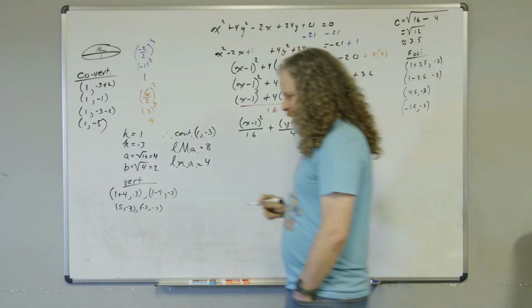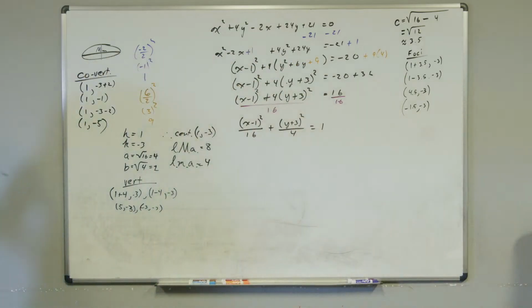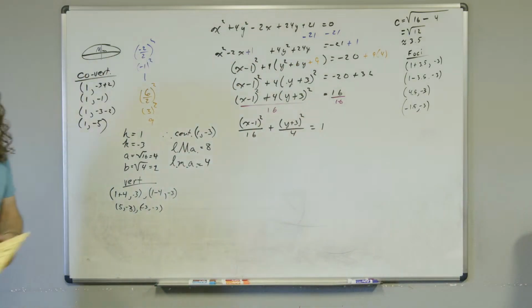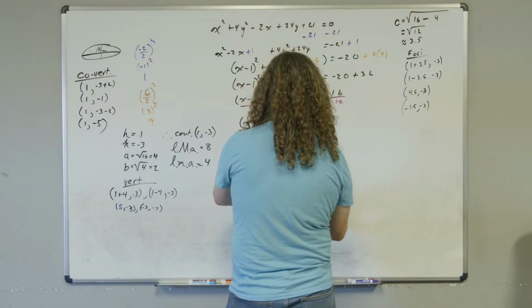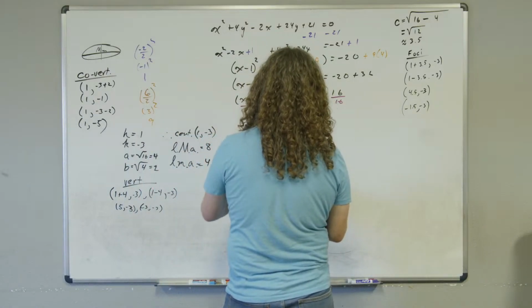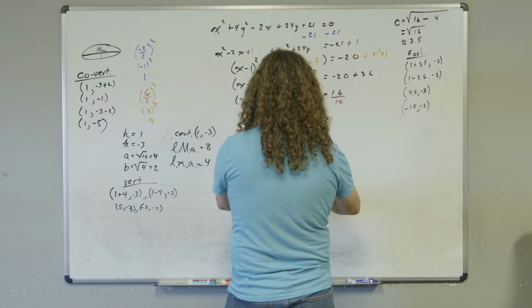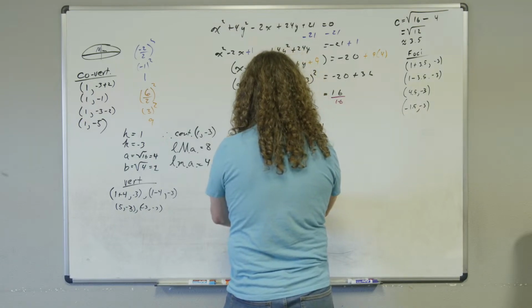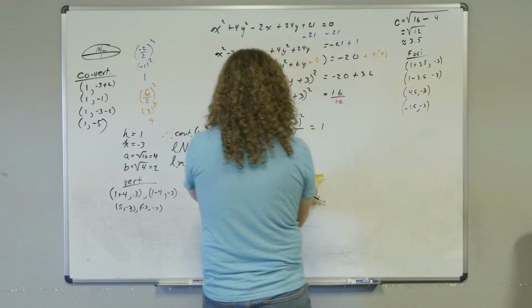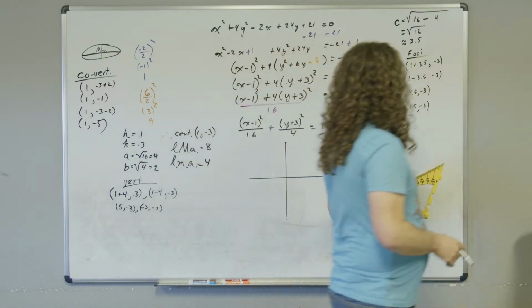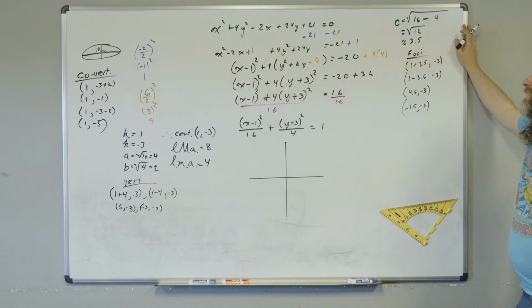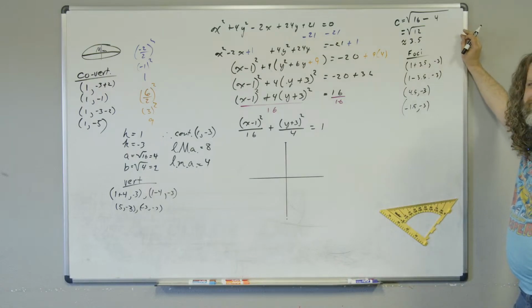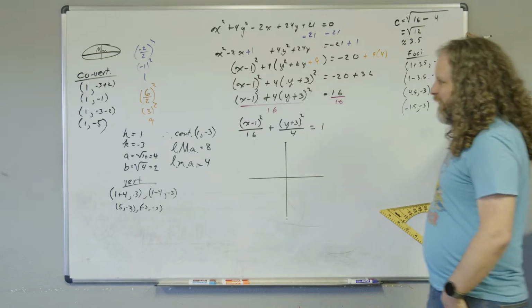So when we go to graph the thing, what dots would we put on the graph? We don't even need to put the foci on there, but we could. The vertices, for sure.